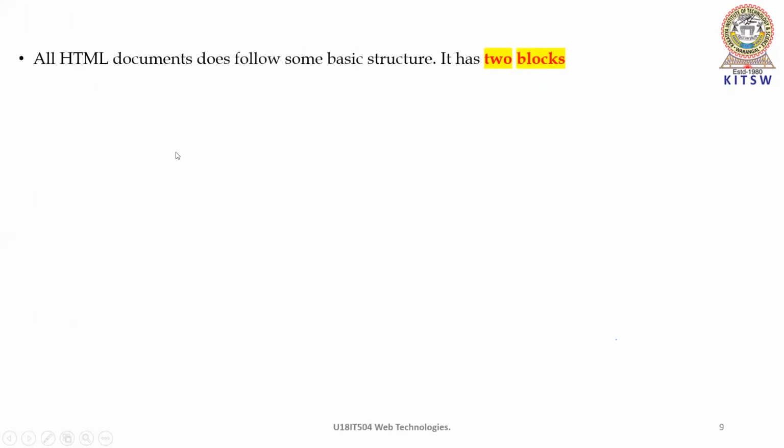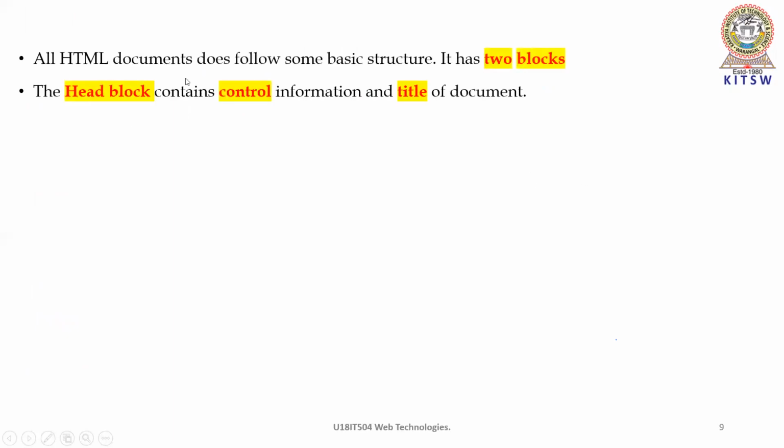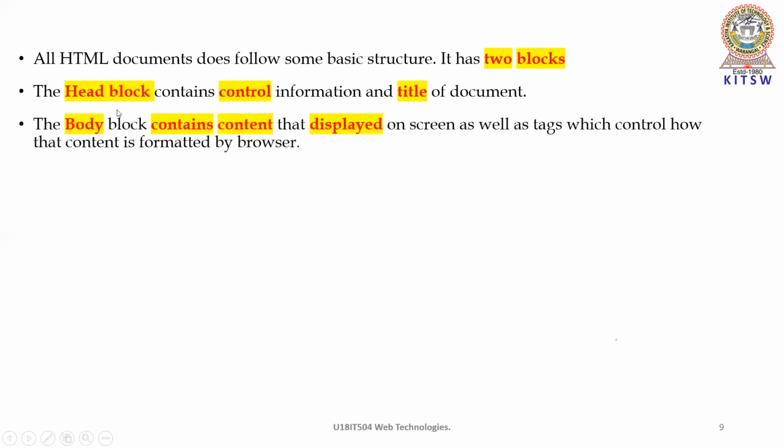An HTML document has two blocks: head block and body block. The head block contains control information and the title of the document.